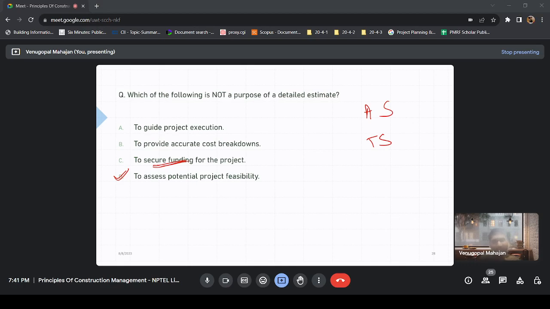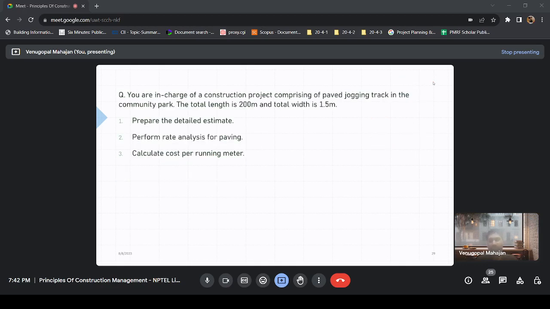Okay, we can work with that, right? You will find that technical sanction usually is followed by your detailed estimate or DPR, and admin sanction is by your preliminary estimates.